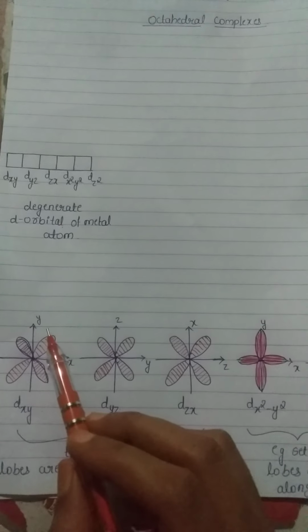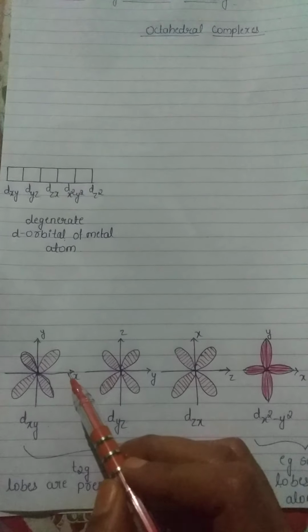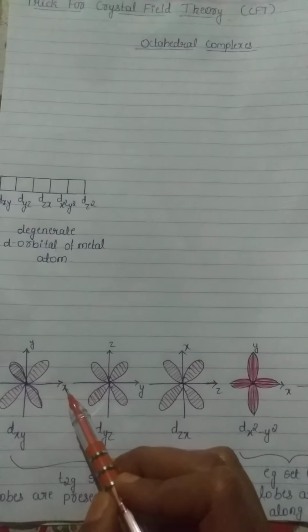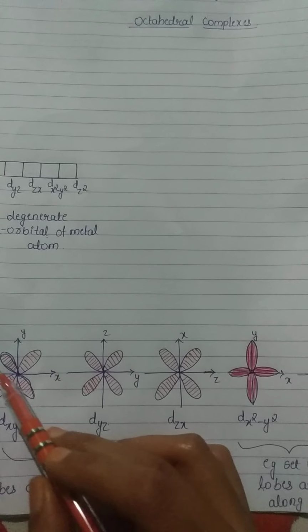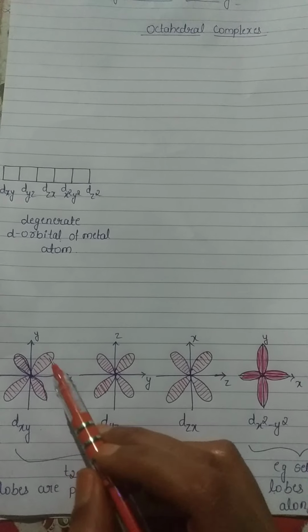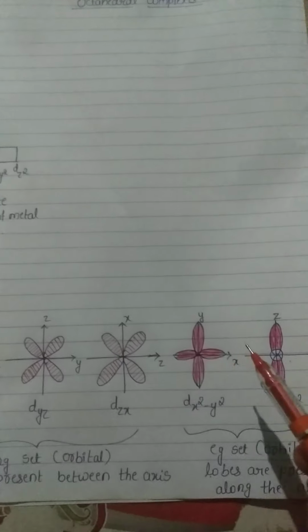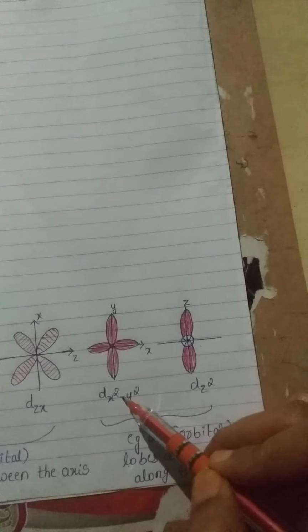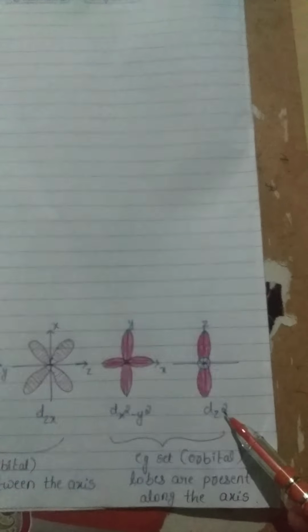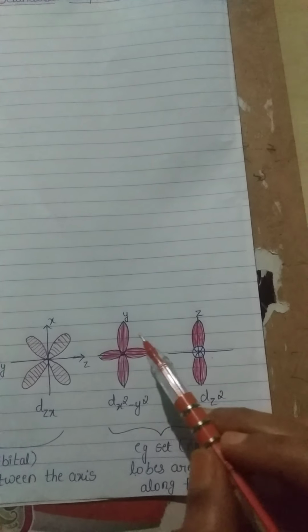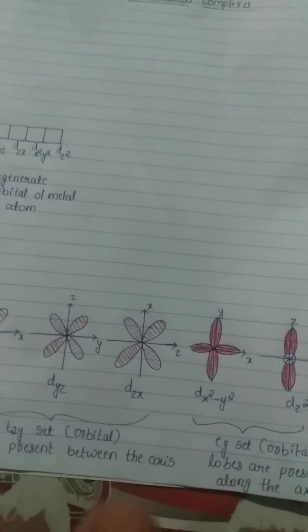Here we assume this is the x-axis and y-axis. For dxy, dyz and dzx, the lobes are between the axes. For dx square minus y square and dz square, the lobes are along the axes.